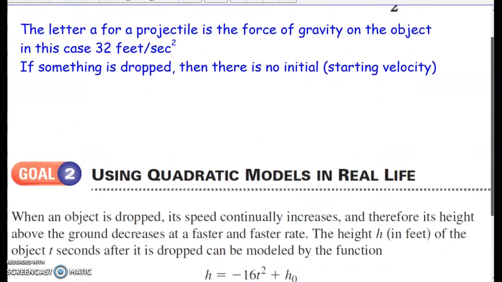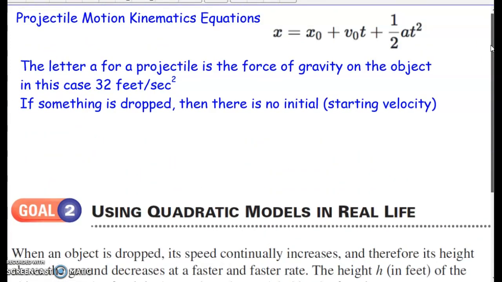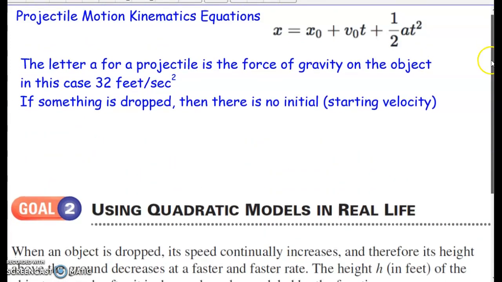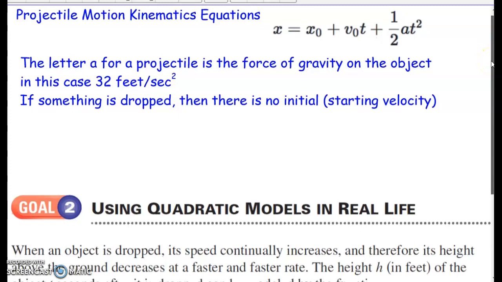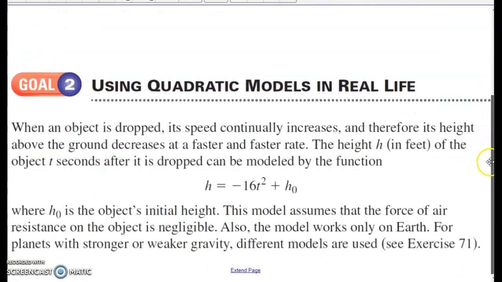Remember up here when we talked about the fact that acceleration toward the Earth is 32 feet per second squared, but it's 1/2 a. So what's 1/2 of 32? It's 16. And that negative sign is telling us that it's going down. So it's accelerating toward the Earth at 32 feet per second squared. H naught is the object's initial height.